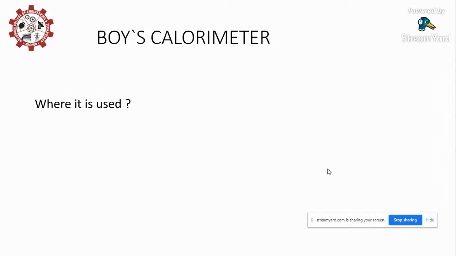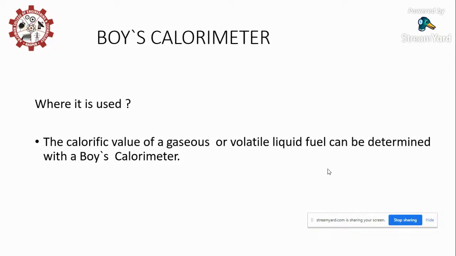Where are we going to use the Boys calorimeter? We are going to use it for gaseous or volatile liquid fuel. In the previous class, we studied the bomb calorimeter. Where was it used? It was used to calculate the calorific value of solid fuel and liquid non-volatile fuel.